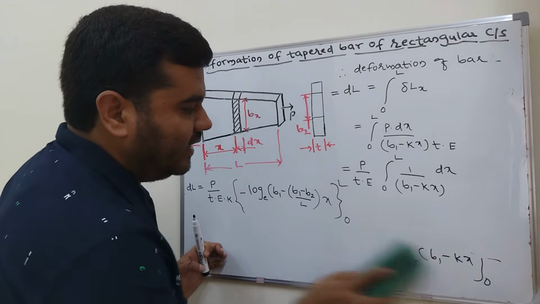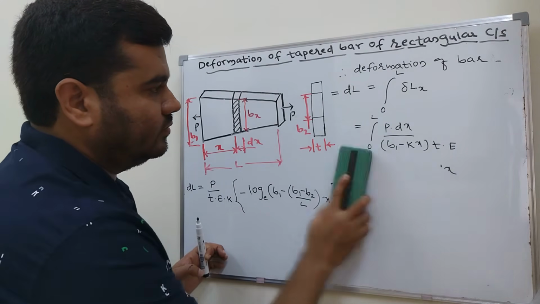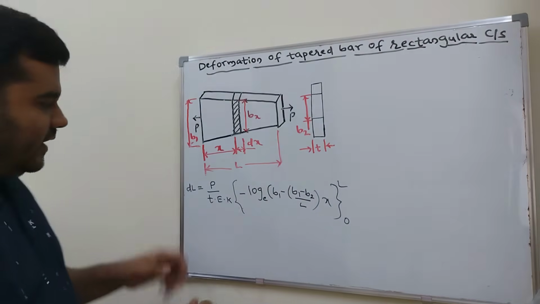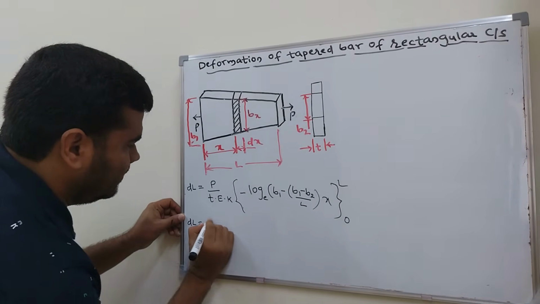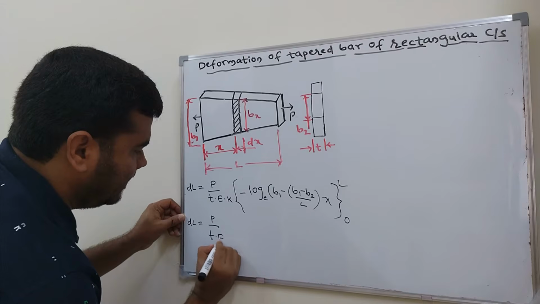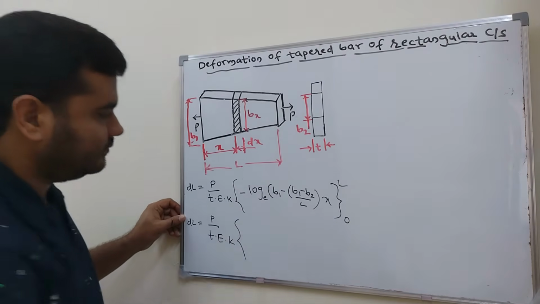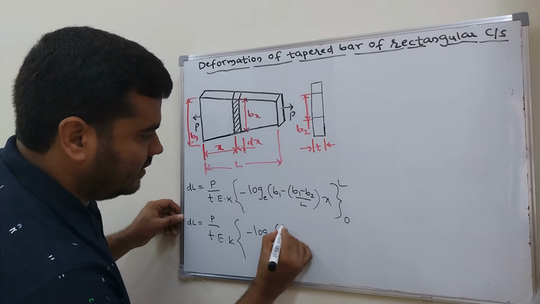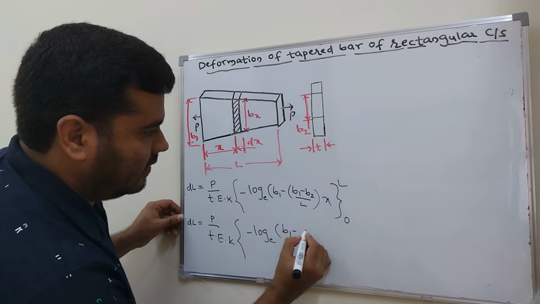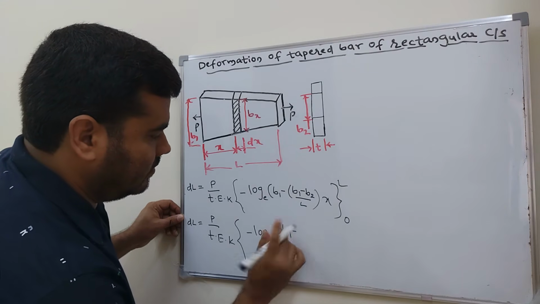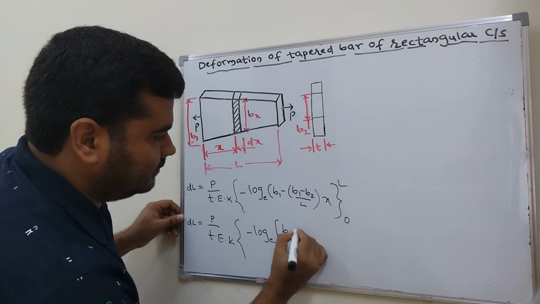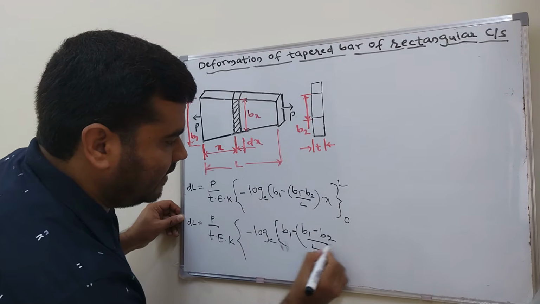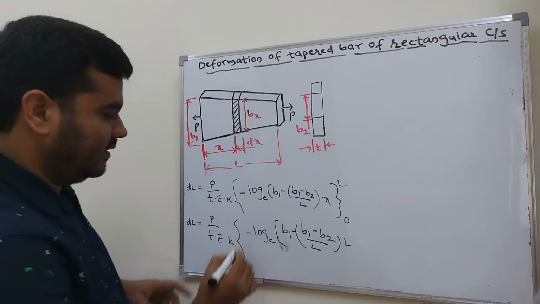Now, substitute the upper and lower limit. dL equal to P divided by t into E into k. First, the upper limit I will substitute: minus log to the base e of b1 minus b2 divided by L into L, the upper limit.